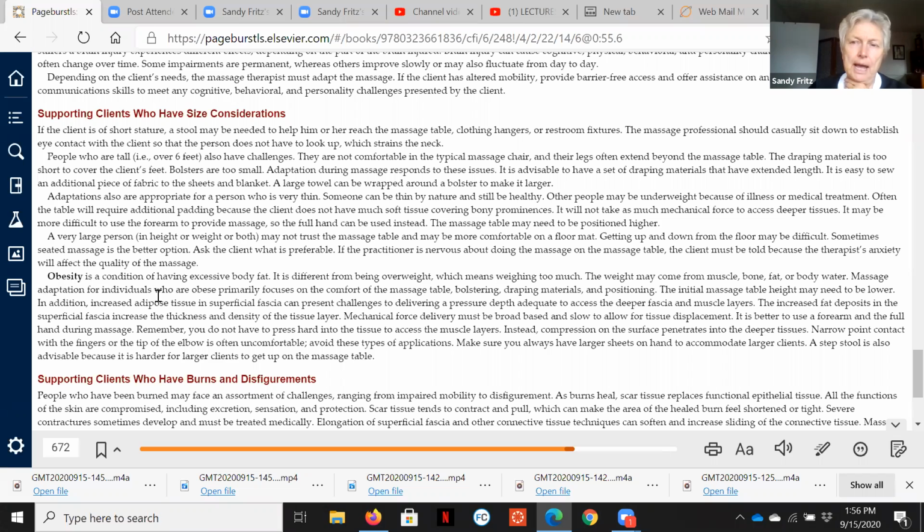Being able to adapt to a person who is larger is important, and to understand the different pressures and where the fat distribution is and how that might affect positioning.